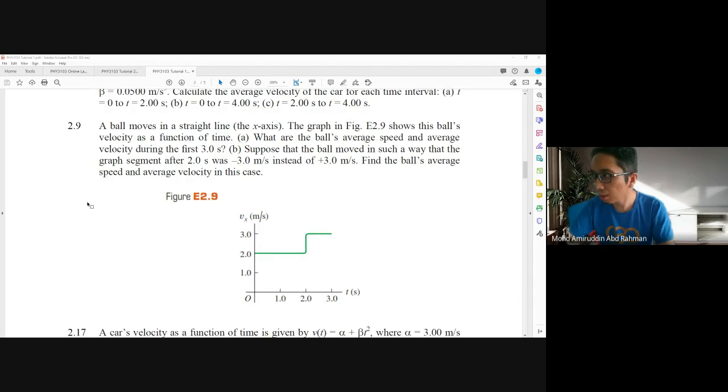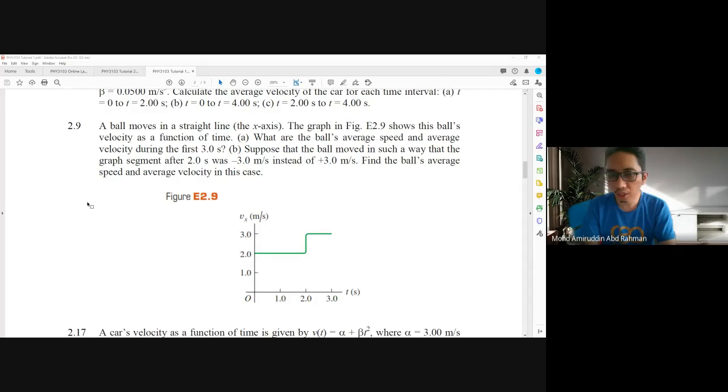Okay, and then for A, what are the ball's average speed and the average velocity during the first 3 seconds? So we have the velocity, it's 2 meter per second for the first 2 seconds and 3 meter per second for the last second.